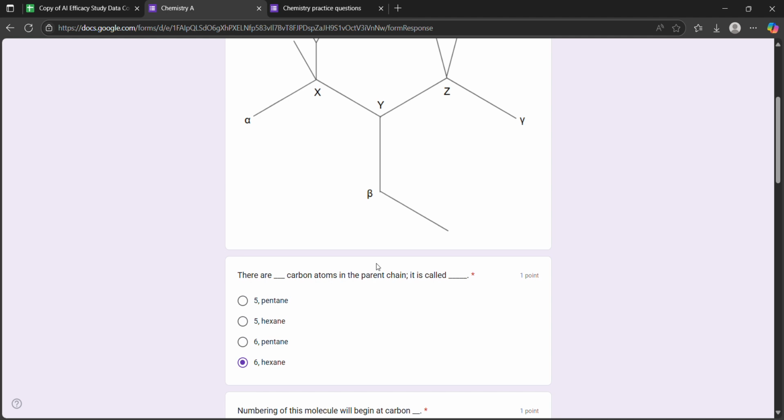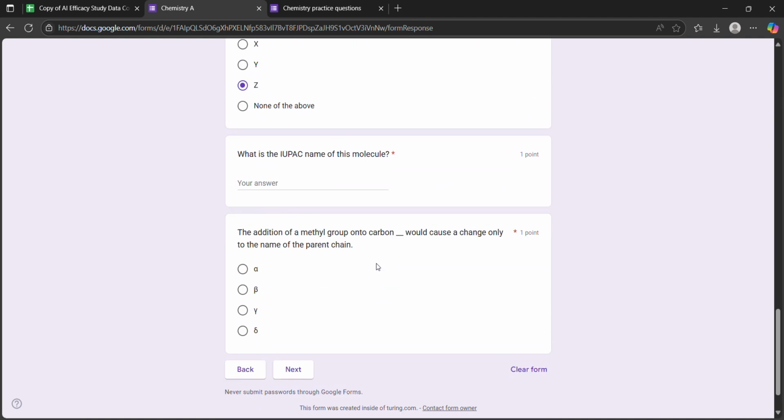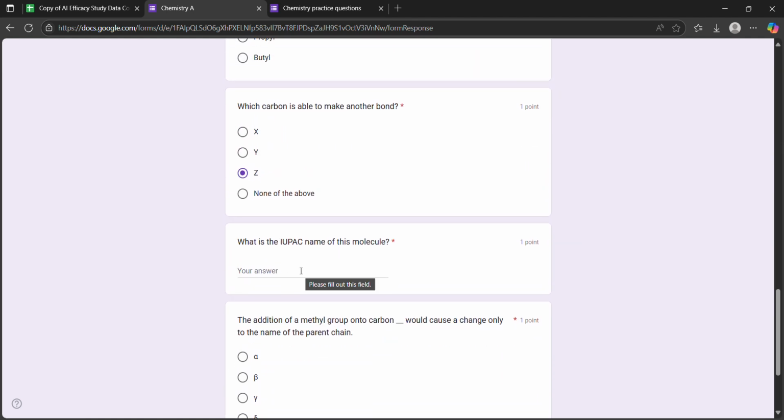I'm not sure about that. What is the IUPAC name of this molecule?